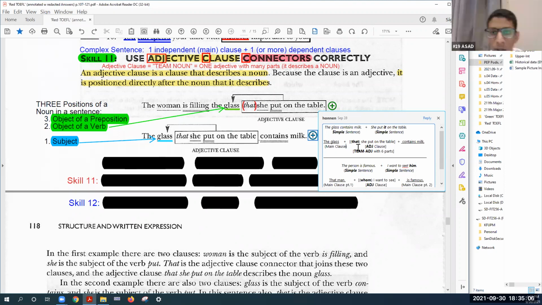We'll call it main clause part 1. Why is that main clause part 1? Because we have 2 parts. Yes, it's separated, right? So over here, I'm going to put part 2. You understand? Let's look at the next one.